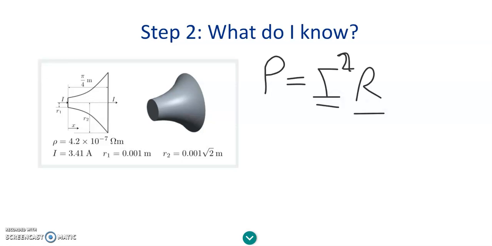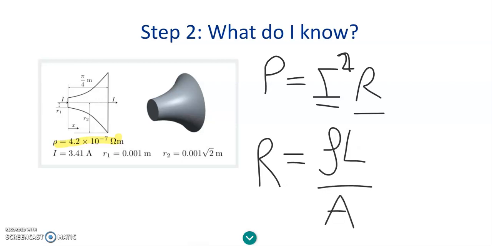But we can see if we can find a resistance by using the resistivity formula, which is R equals rho L over A, where L is the length of the resistor, and A is the cross-sectional area.